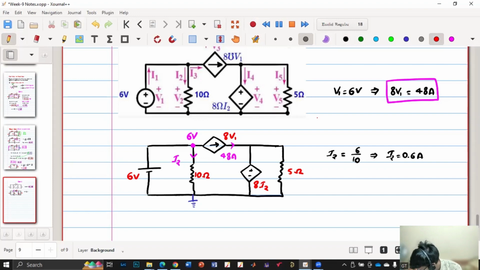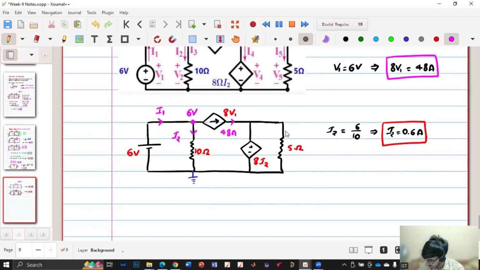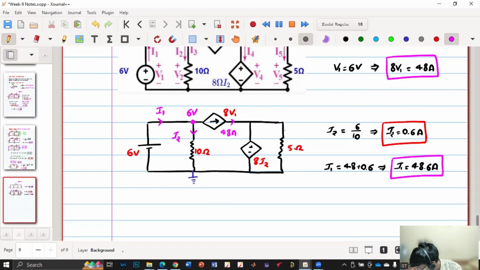Yes, sir. Okay. Now can you tell me what is I1? 48 plus 0.6, that is 48.6. So I1 is 48.6 amperes. Now I know V1, now I know I1.